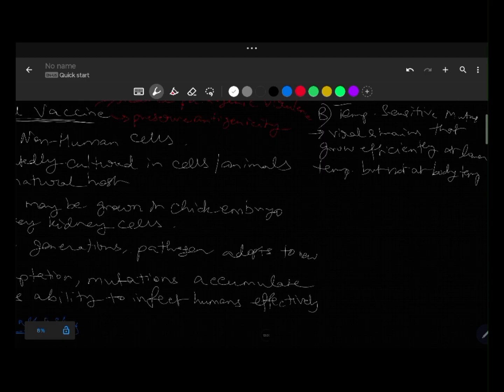As a result, the replication of the virus within the body becomes limited.